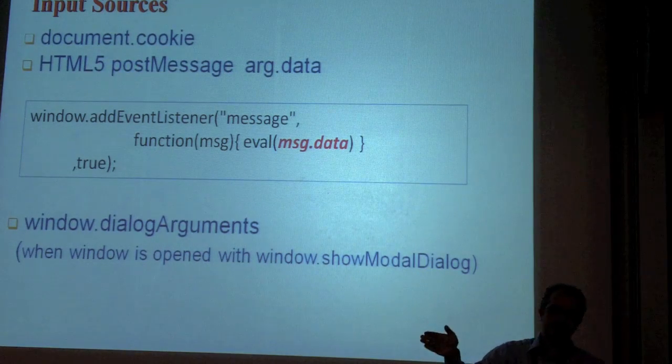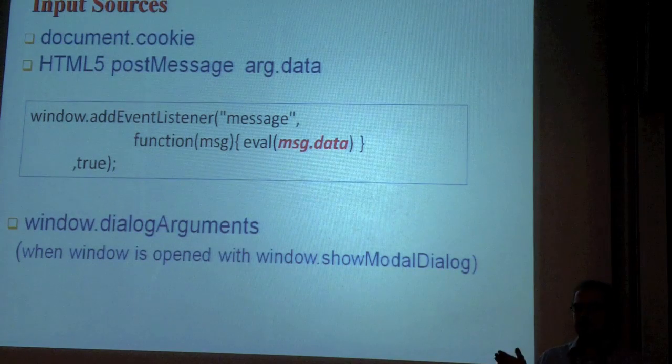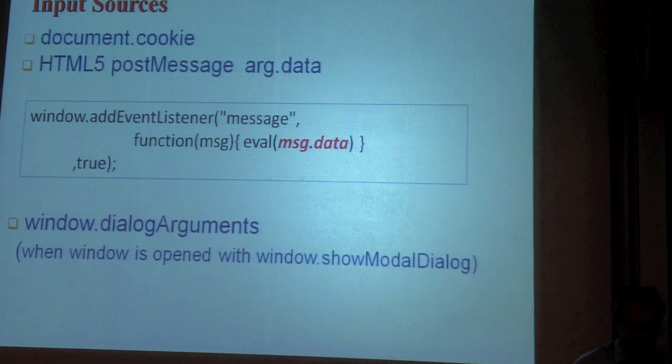So that dot data is the controlled data. Then there is something else for dialog arguments with the showModalDialog method and so on.